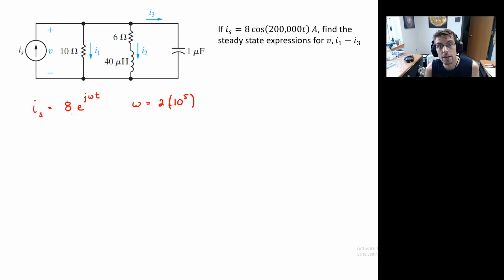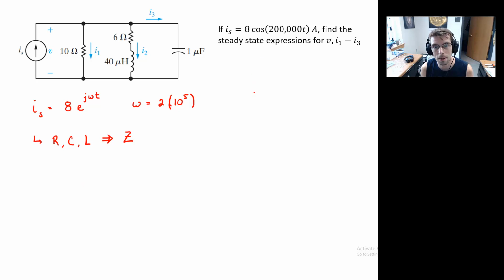Because I have now transferred this into the frequency domain, rather than thinking about each of the elements as resistors, capacitors, and inductors, like separate components, I can now think of these all in terms of impedances, which is pretty helpful.